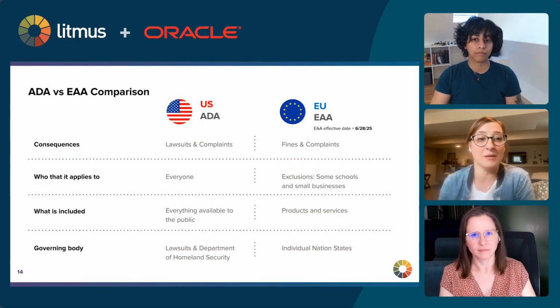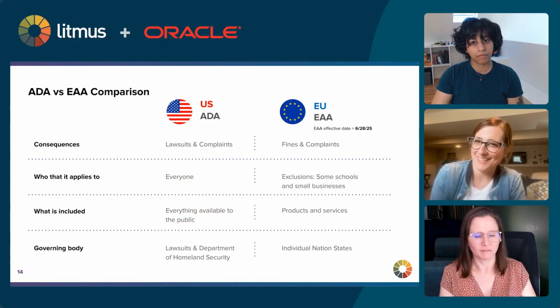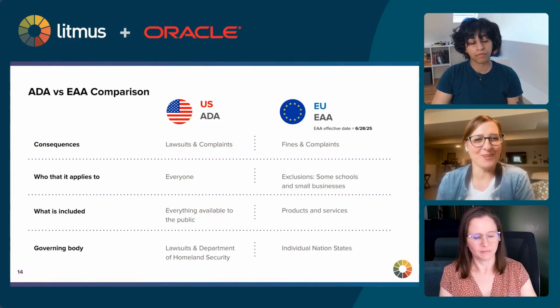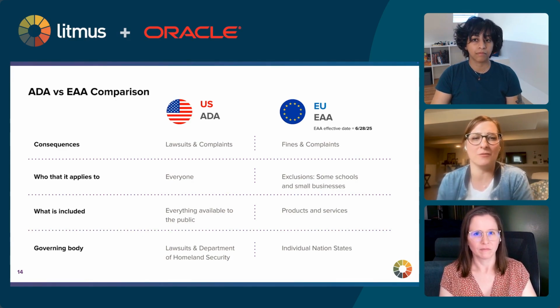So this means companies often face legal action and settlements as a result of non-compliance. And then the EAA in the EU is enforced through a combination of fines and complaints. So with financial penalties serving as a key deterrent for non-compliance.